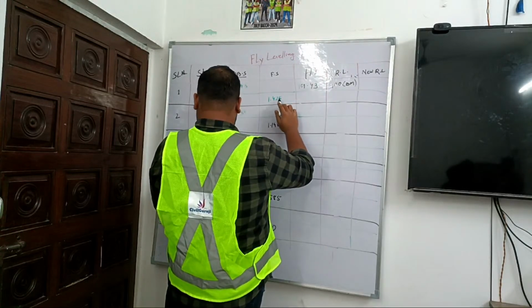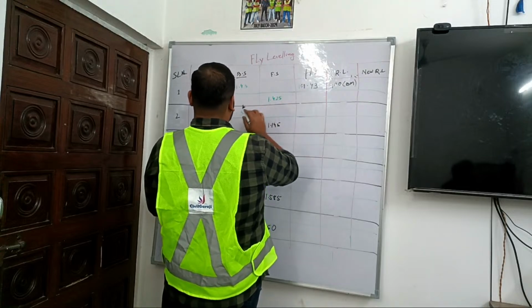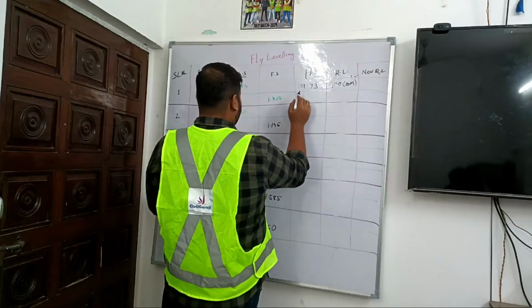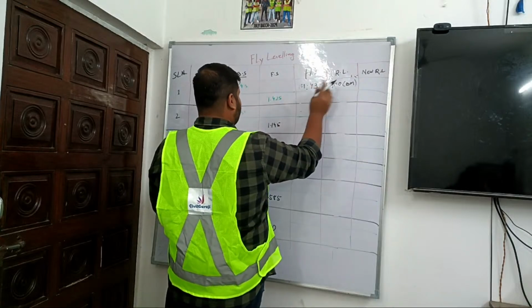And likewise, the next point we will calculate. How will we calculate? For foresight, what we will do is HI plus BS. HI plus BS for here. The RL will be calculated here. For station A, we know the RL, we know the height of instrument.